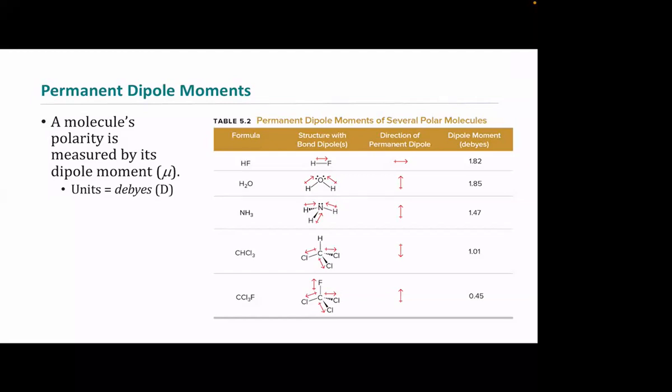And we'll see that HF has a pretty good dipole moment. Water does too. So does ammonia, and it starts to drop off. And you notice that when you get to something like this, it gets a lot lower. Things are canceling each other out, you see?